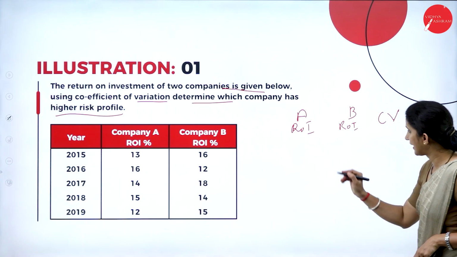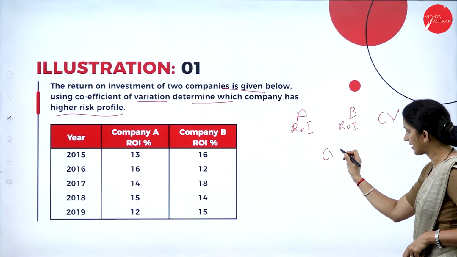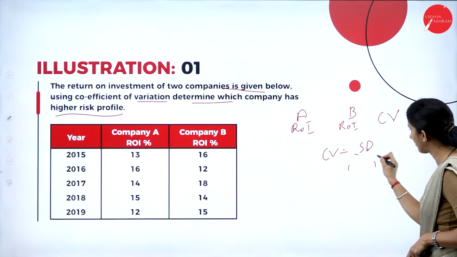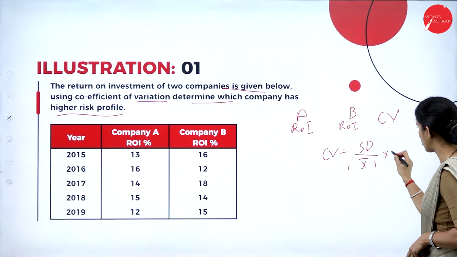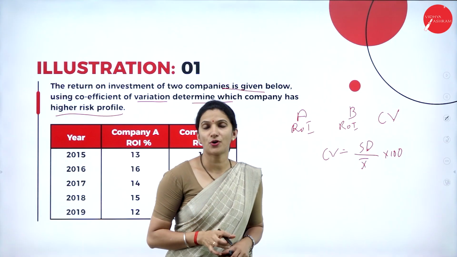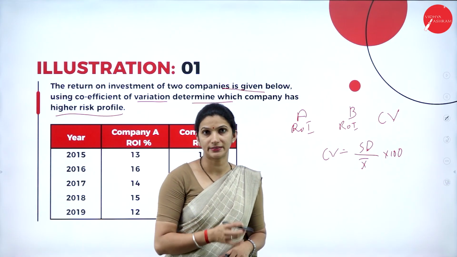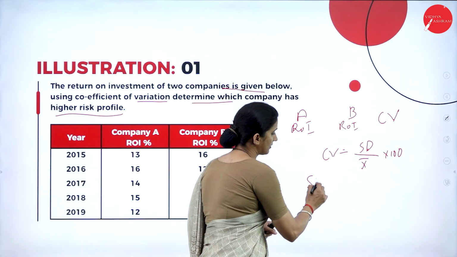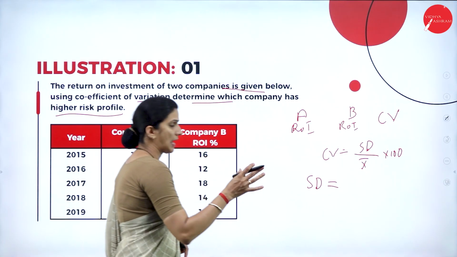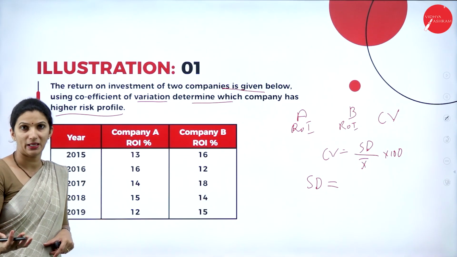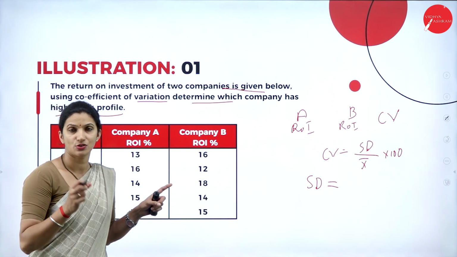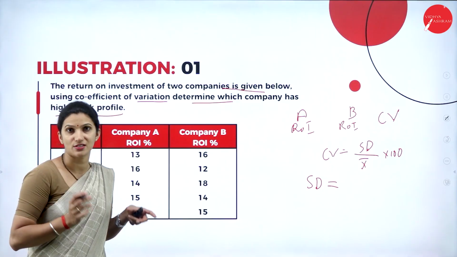So in order to calculate your CV, the formula is standard deviation divided by x bar into 100. Now we need to know the standard deviation. Which formula will apply here? In this question we don't have the probability, so the p value is not there.